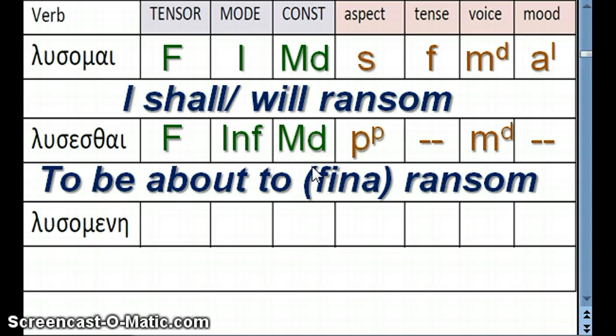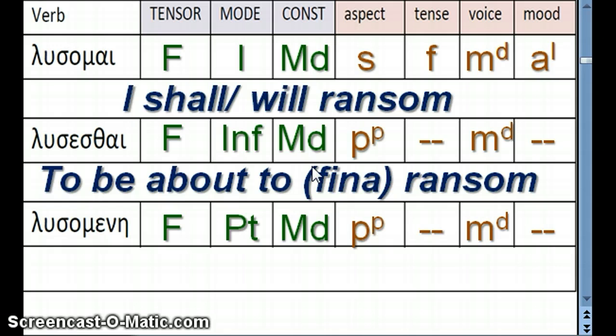It's ransom because luo in the middle does mean ransom or loose for oneself, which you could probably figure out if you're kidnapping someone and you're going to pay the ransom, you're loosing that person for yourself.